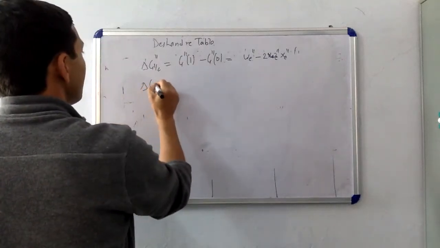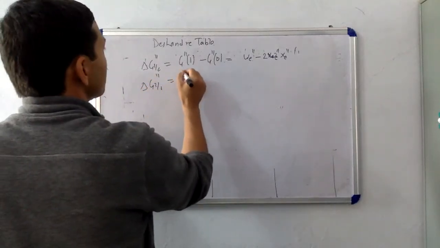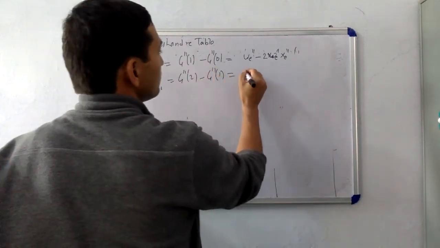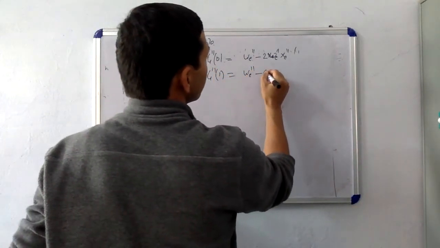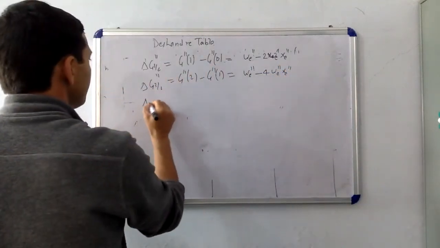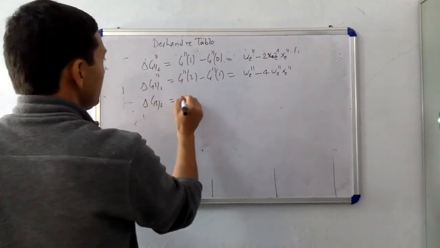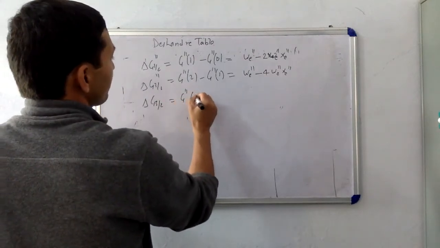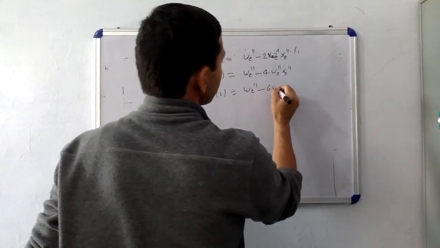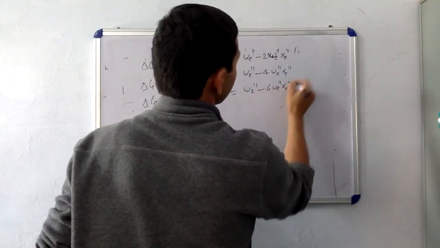Delta G of 3/2 double prime is G double prime of 2 minus G double prime of 1, equal to omega e double prime minus 4 omega e double prime x e double prime. In a similar fashion, delta G of 5/2 double prime is G double prime of 3 minus G double prime of 2, equal to omega e double prime minus 6 omega e double prime x e double prime.